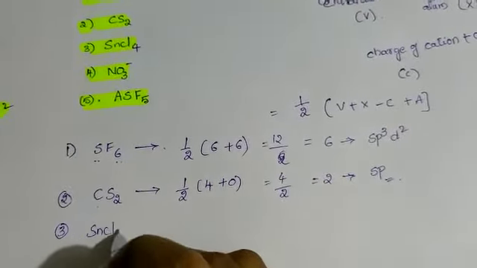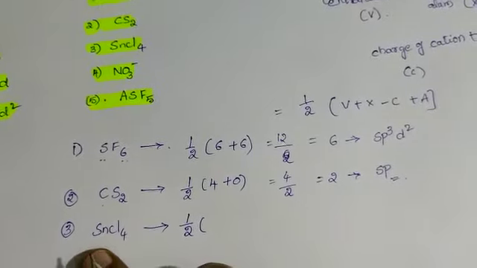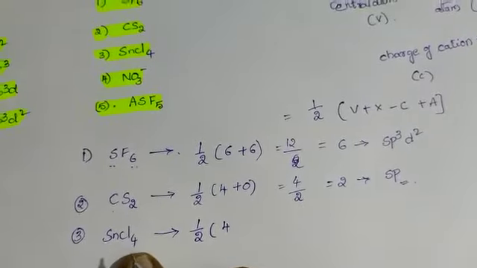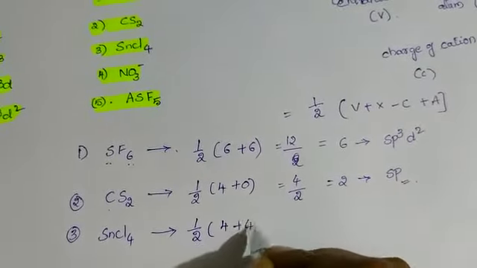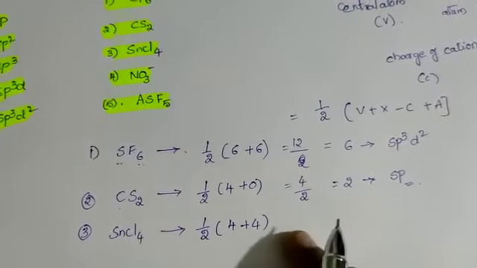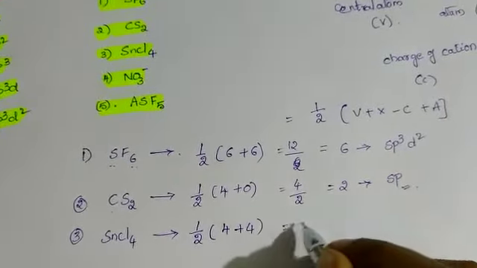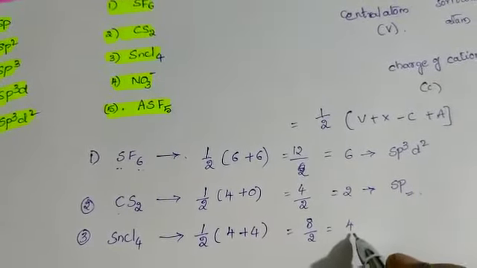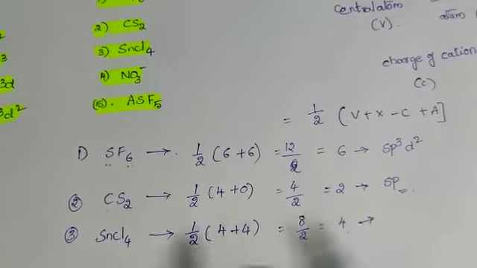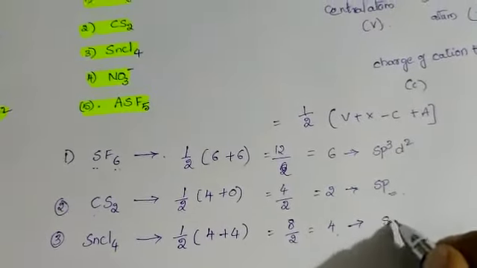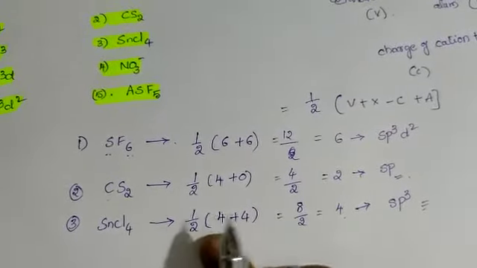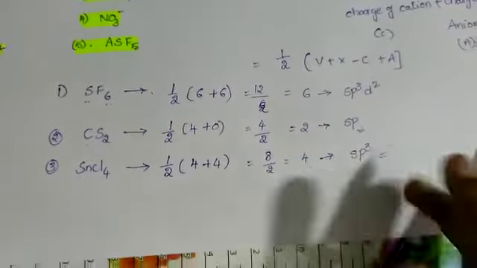So hybridization equals half of the number of valence electrons in Sn, which is 4, plus the monovalent atoms, which is 4, and no charge is present so its value is 0. 8 by 2 equals 4. Hybridization is 4, so SnCl4 undergoes sp3 hybridization.